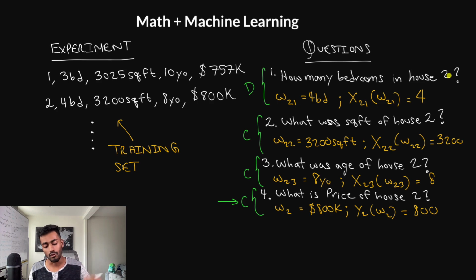Now, I created 4 random variables that each correspond to some observation that we made in our training data set. But in the same way, we can ask 4 questions and create 4 random variables for every single house that we observe in the training set. So if we observe 10,000 houses in our training set, we can create 40,000 random variables in much the similar notation.